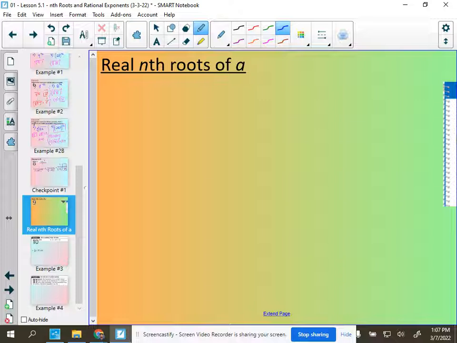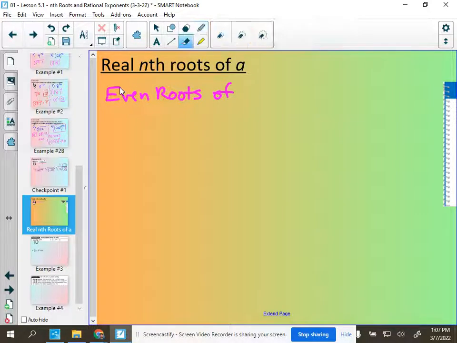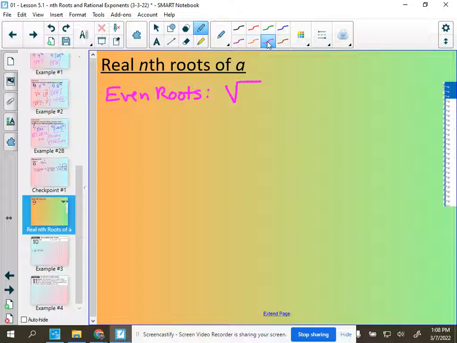So if I'm taking an even root, okay, even roots. Okay, I'm just thinking how I want to do it and make it somewhat manageable. Even roots. So this would be something, n is an even number.